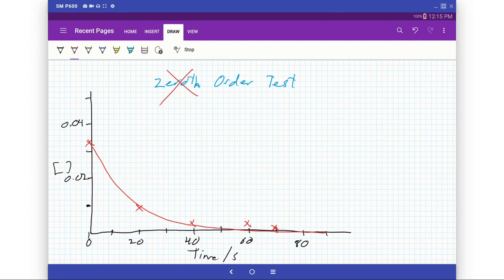When you continue on and take analytical chemistry in second year or higher level courses, sure, then we're going to use Excel. But you need to be able to create a graph by hand in order to create a good quality graph in Excel. And getting you to do it on an exam is one way of assessing that. But what we have here is that it's definitely not a 0th order reaction.